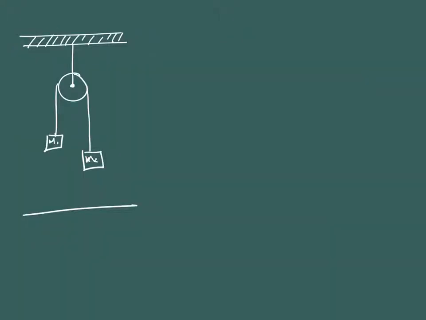So on the Atwood machine, we've already covered forces on this. We need to talk about the energy approach. And so often we'll use a big E for energy. So the sum of all the energies going into a system has to equal the sum of the energies going out, or sum of initial energy equals the sum of final energies.